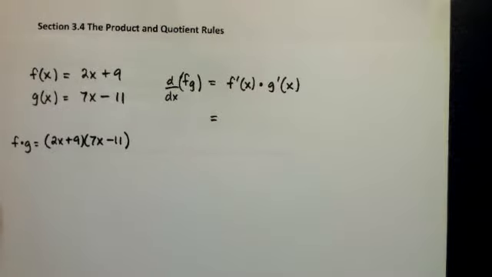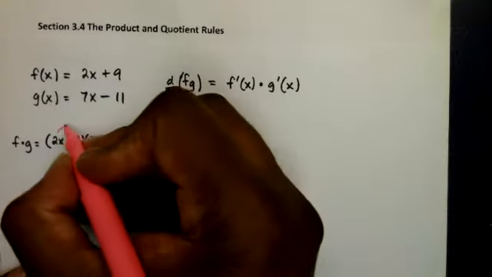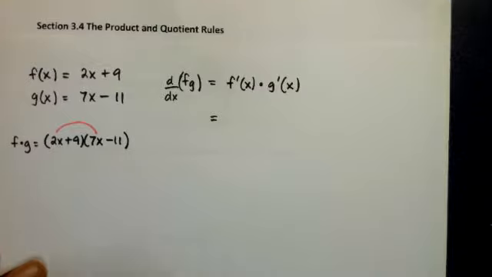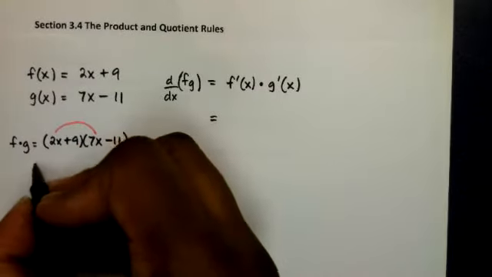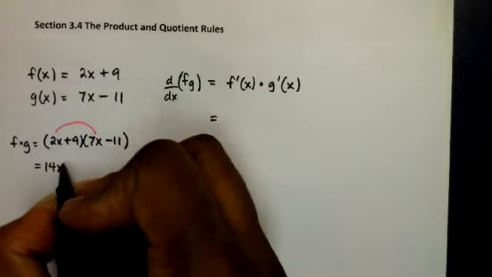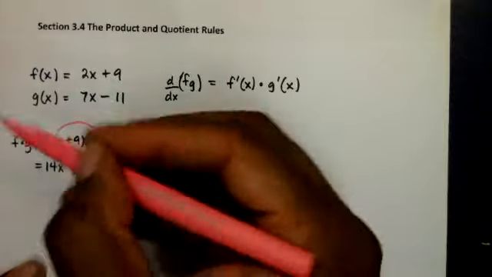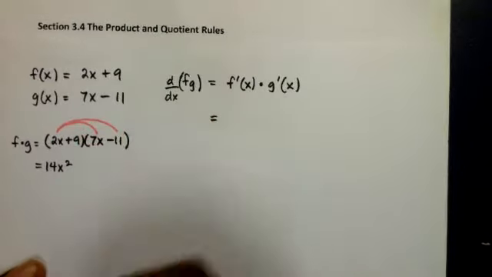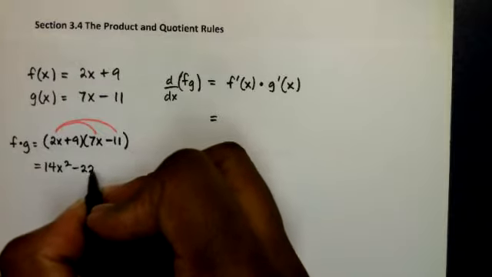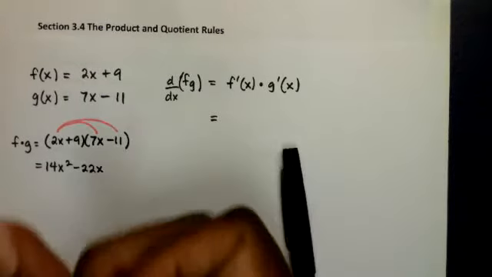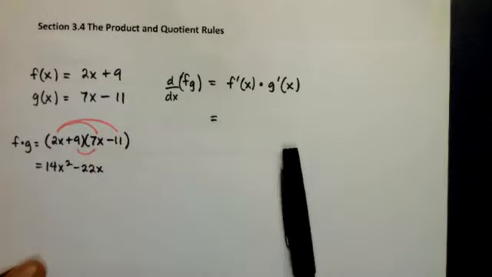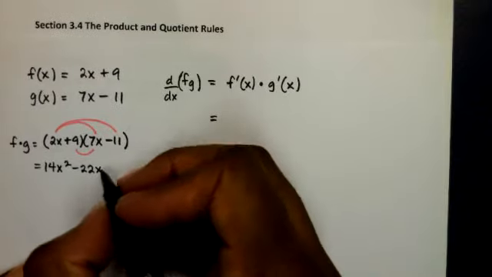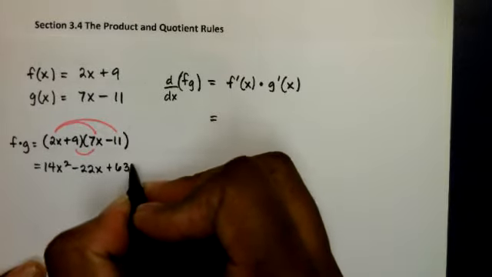And in this case, if I use the FOIL method, as always, I will have this. First, the first term times the first term, 2x times 7x, that's going to be 14x squared. The outer would be 2x times minus 11, which is minus 22x. Then the inside would be 9 times 7x, which would give me plus 63x.